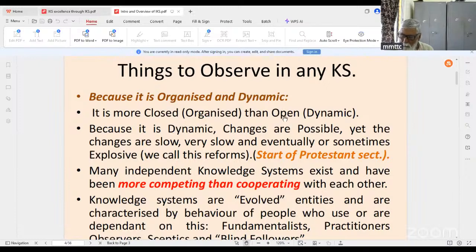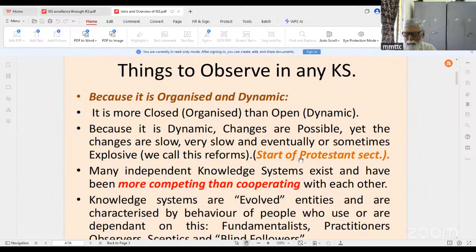It is also partly open in the sense that otherwise, dynamism will not be there. Dynamism leads to changes, adaptation, replication, etc. Because it is dynamic, changes are possible, yet the changes are slow, very slow, eventually sometimes very explosive. We call it reforms. There are many examples.